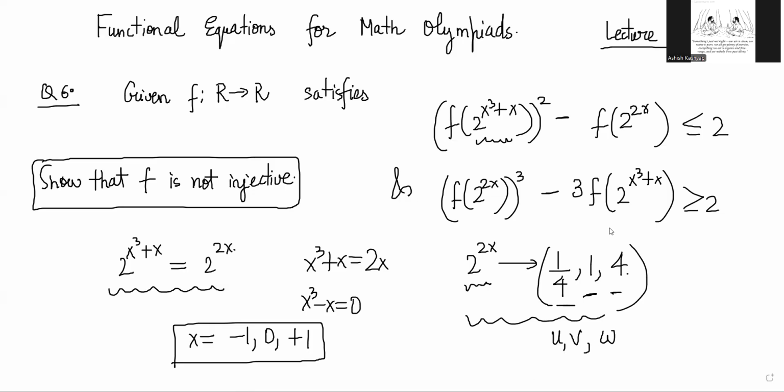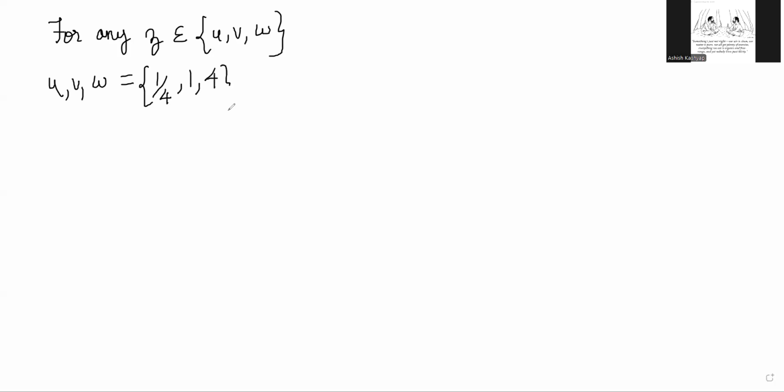These are sent as inputs to the function, and basically we can say that for any z that is either u, v or w. What was u, v, w? u, v, w is anything from the set 1/4, 1 and 4, right? For any z belonging to these inputs, the inequalities in the problem will become something like this.